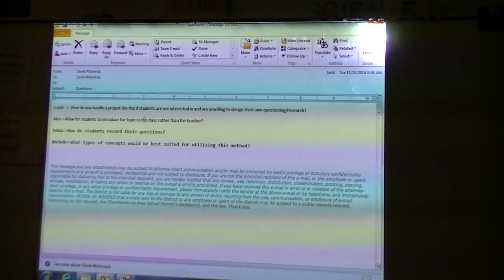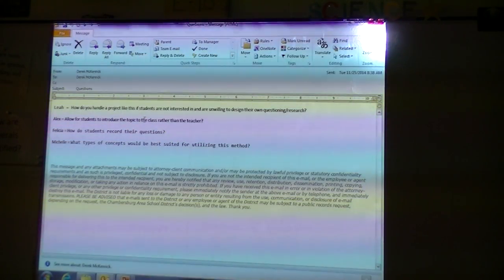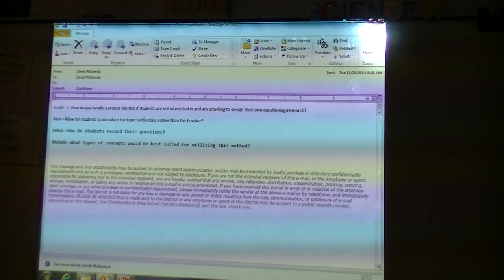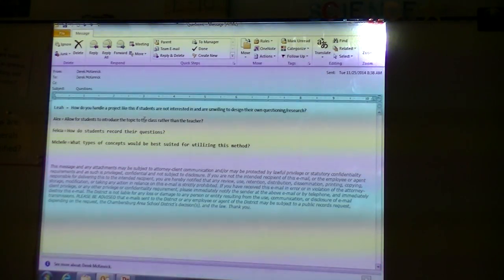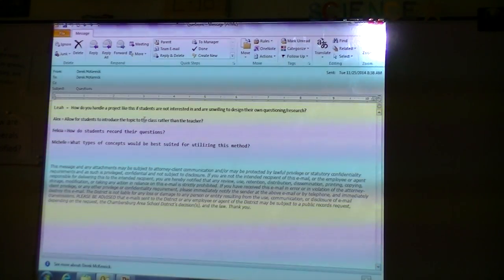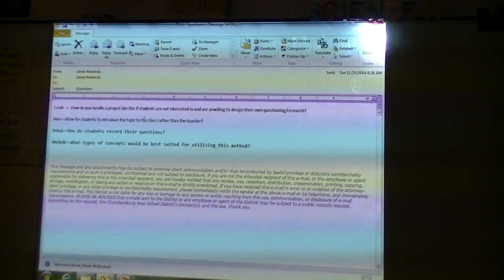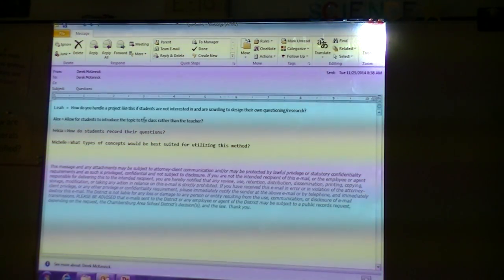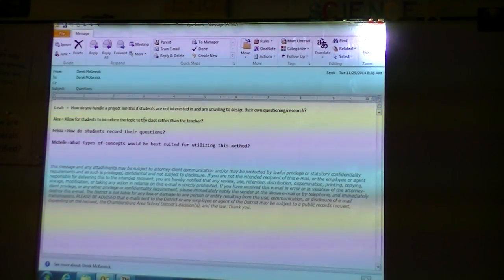Felicia asks, how do students record their questions? And in this case, we used a blog. I have a blog on the school website that I can use and that the students are used to using because we use it for vocabulary. So what I asked the students to do, we got out the computers, the laptops, they researched volcanoes, they looked through the books, and as they saw things they thought were interesting, as they had questions, they just blogged about it.